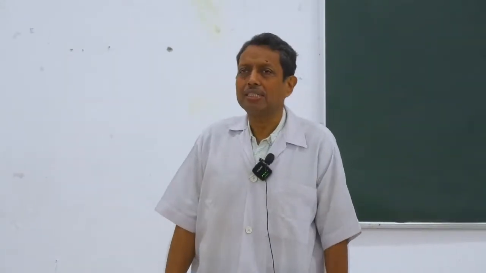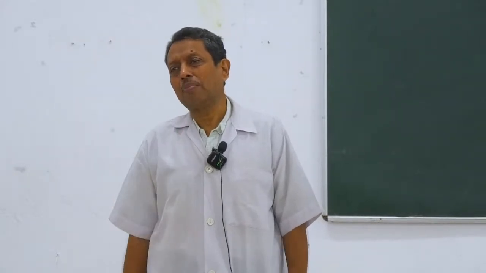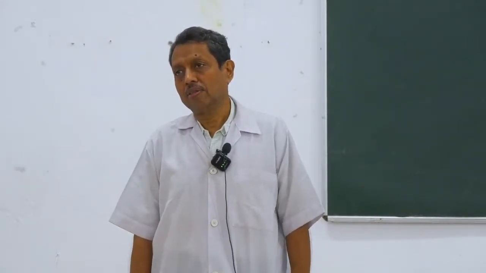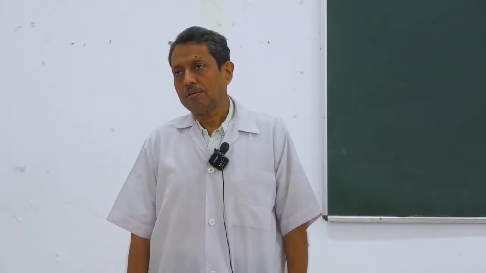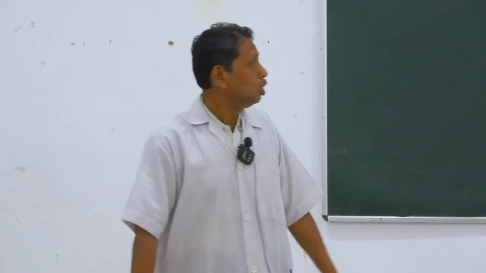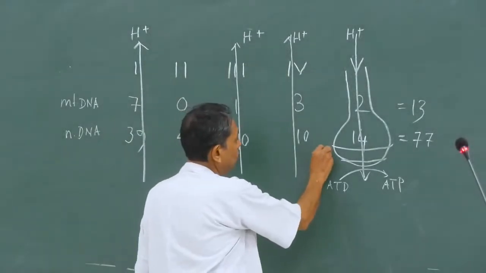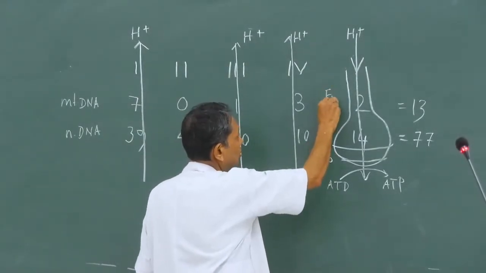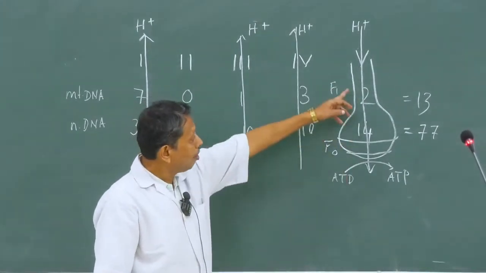In biochemistry texts or in some physiology texts, they give some further details. 3 alpha and 3 beta in this part, F1, and this is called F0, and F1 has 3 alpha, 3 beta, and there is a gamma of this.